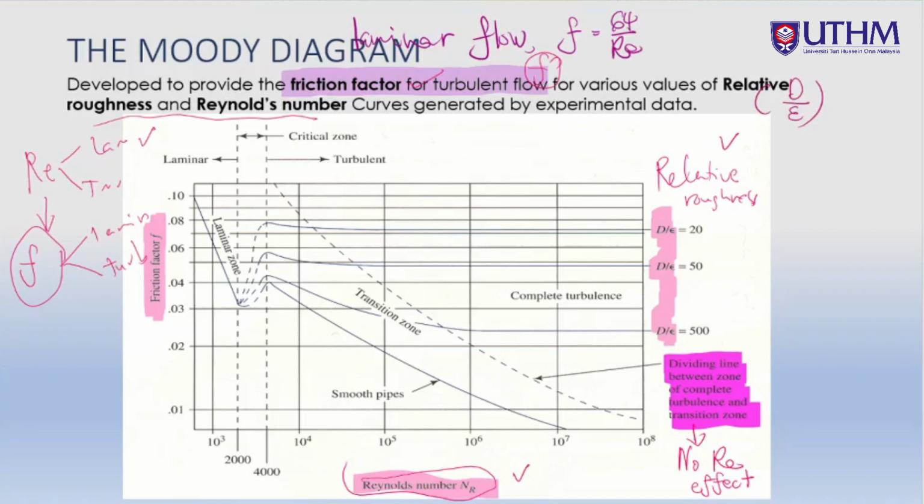Okay, so kalau kita tengok graf ni lah, nak mudahkan. Kita ada laminar zone here, kan? This is laminar. Saya lukis sikit, laminar zone. So apa-apa less than 2000 Reynolds number, kita boleh panggil laminar zone. Okay, so in between 2000 and 4000 is the critical zone, disebabkan value dia antara laminar dan juga turbulent.